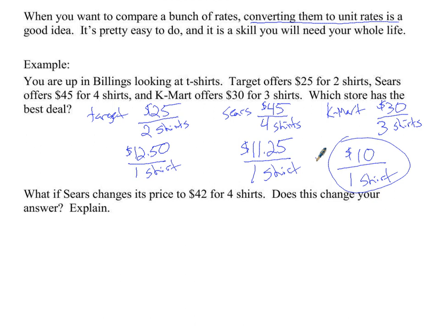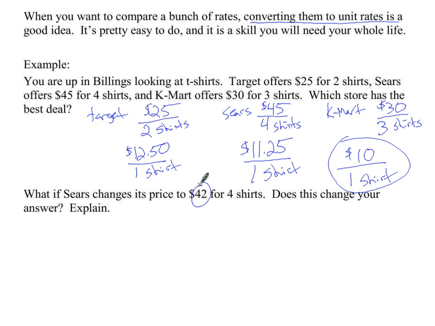There you go. Good. Yeah, this would have to be $40 for 4 shirts to beat this or to meet this unit rate. So if these were like $39.99 or less, then yeah, Sears would have the best deal. So I don't even have to do any math here. Because of the fact that I made these unit rates, just use your number sense to realize that this is still $2 more than I want to pay for 4 shirts.